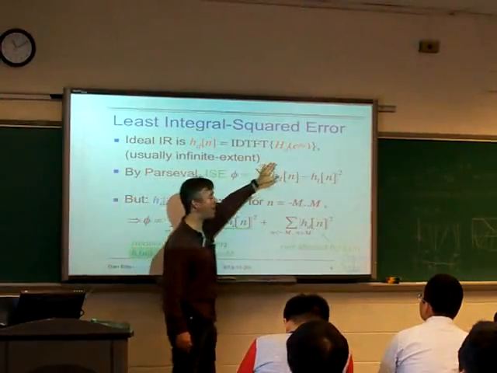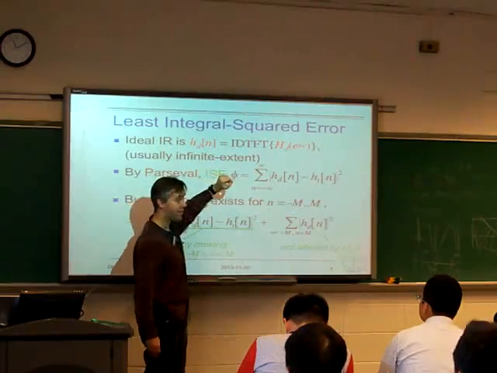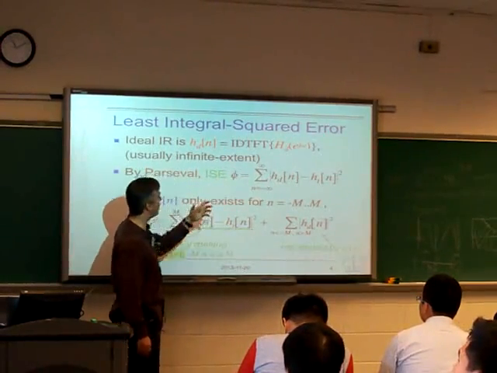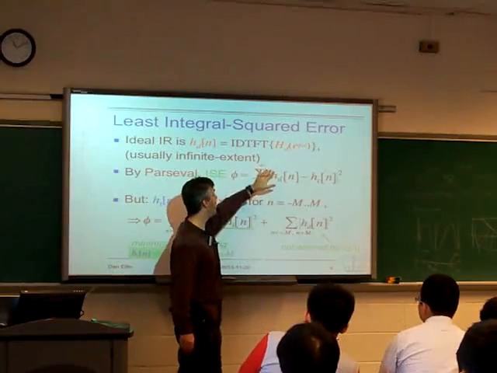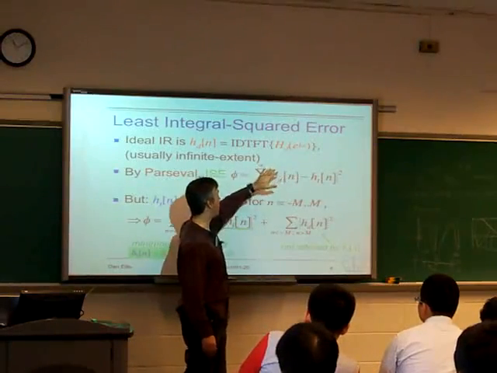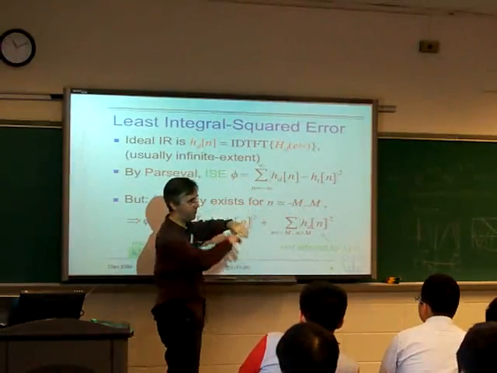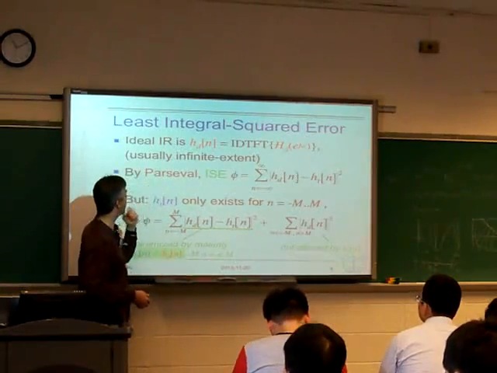If it's fully specified, we can just take the IDTFT, and that'll give us some function for h_d of n. But unless we've taken some care, in general, the IDTFT of an arbitrary function, if we've just drawn something, there's no reason why it should be finite length. It will usually be of infinite extent.